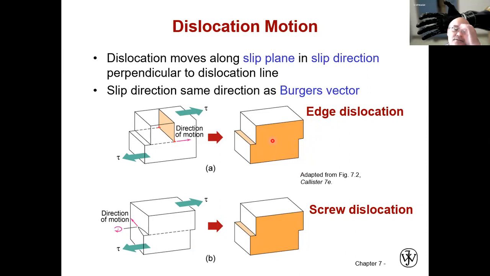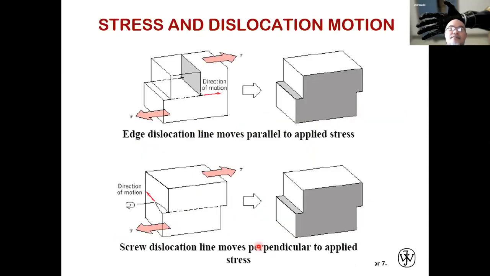When we have screw dislocation, similar like this, yeah. This is the screw dislocation. We can also have edge and screw dislocation, which will appear as a deformation outside. So the edge dislocation line moves parallel to the applied stress. Yeah, the applied stress is this one to the right and to the left.